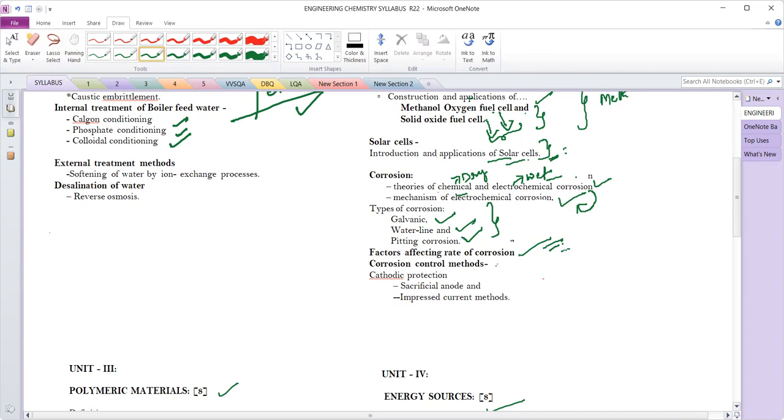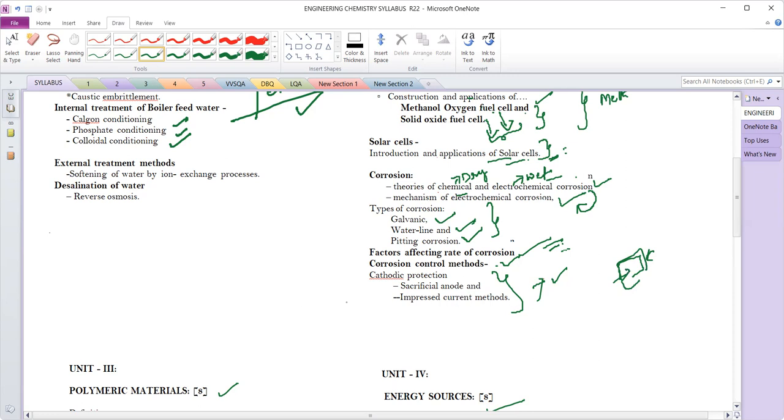Next one is the corrosion control method. In our daily life, we can see that we manage corrosion resistance by painting metal things, right? We paint the metal things, and we put some oil on different metal things in order to keep them resistant to corrosion or rust, right?